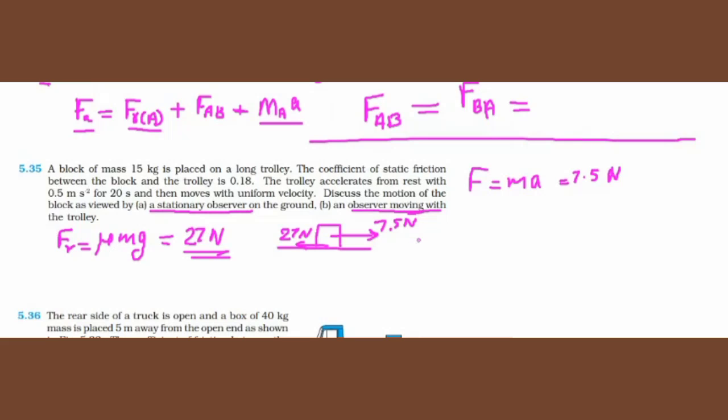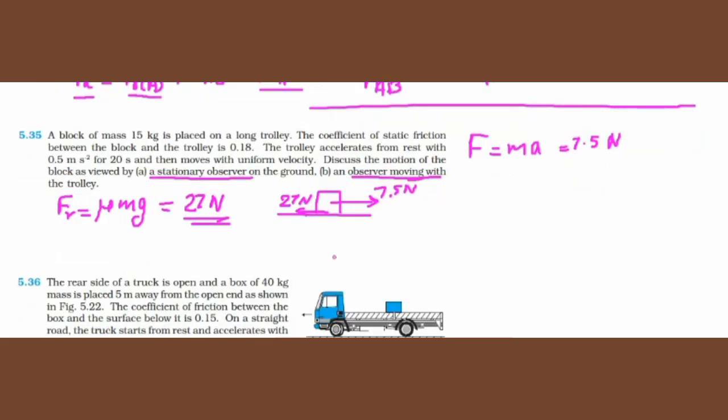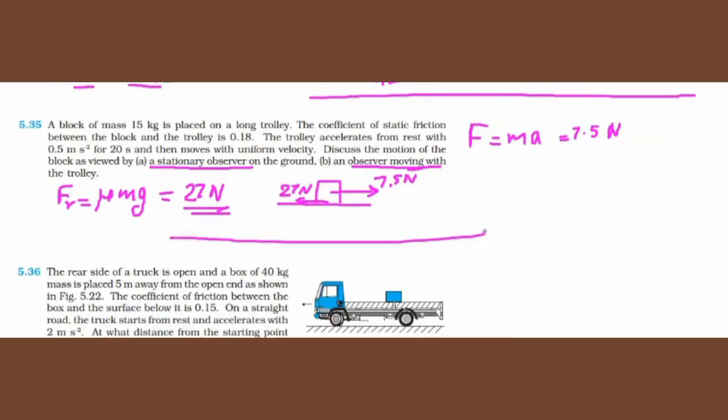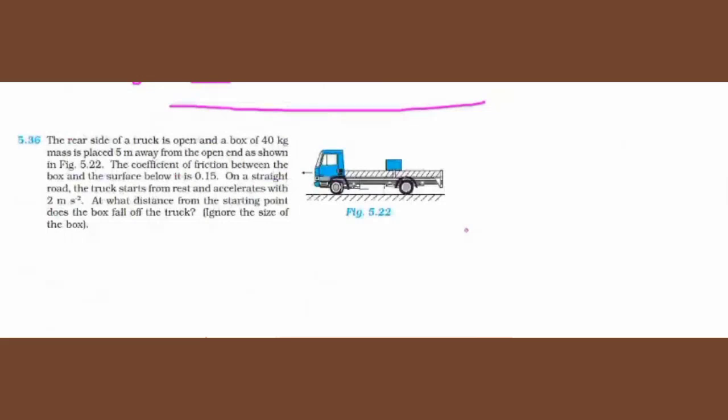Details you are not studying about pseudo force, so just understand that. Whether the observer is in motion or stationary, friction is greater than applied force, so the block will remain stationary for both observers. Okay, that's about question 35.